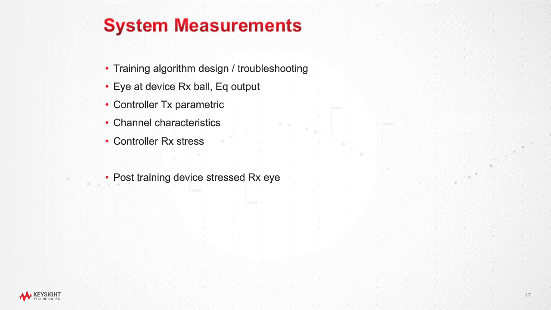You can do these measurements on a test fixture with just a device, but mostly these are done in a system where you've got a real controller driving a DRAM, and you want to know, is the signal that's being sent consistent with the spec? The characteristics of the channel and the kinds of impairments and stress that the physical implementation, the motherboard generates, are all things that will need to be measured in a real live operating system.